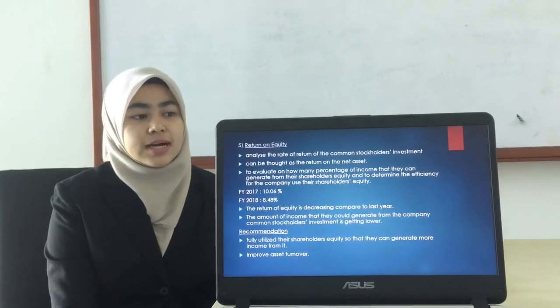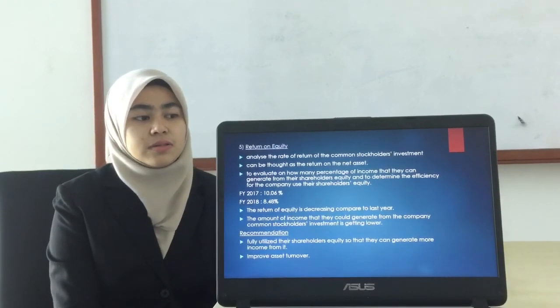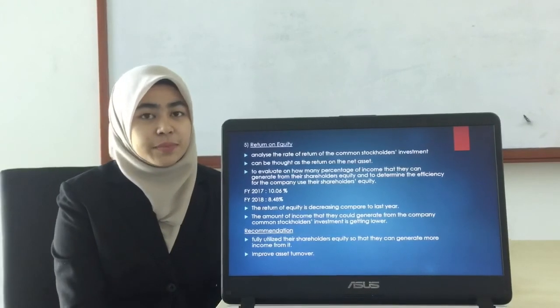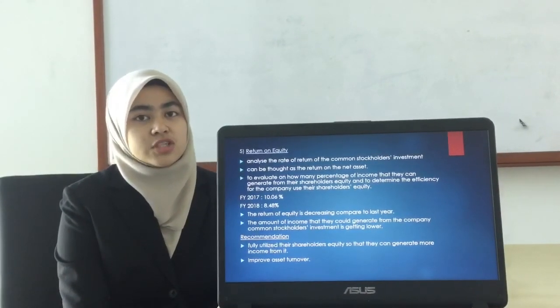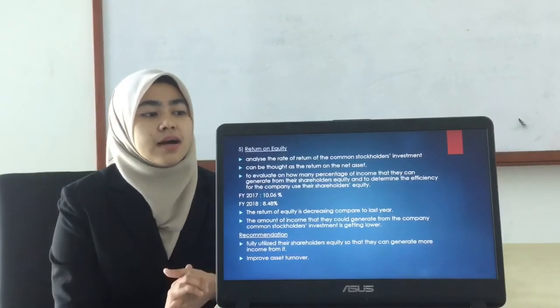The amount of income that they could generate from the company's common stockholders' investment is getting lower. For the recommendations, the company needs to fully utilize their shareholders' equity so they can generate more income from it.